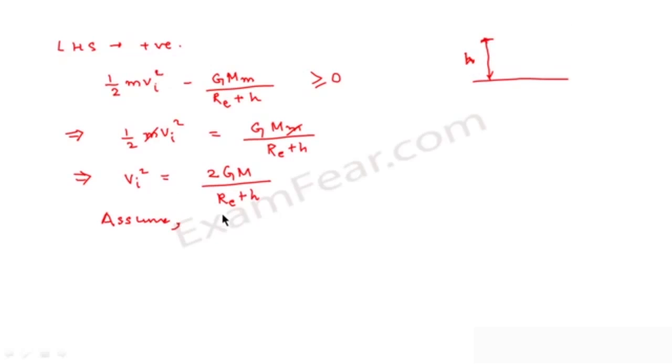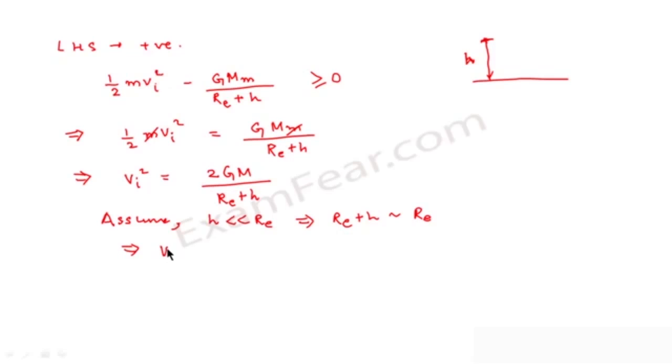In this case, let us assume that height h is very, very small when compared to the radius of the earth, because earth being very huge, this distance will not make much difference. So we can write Re plus h as Re, because h is a very small quantity. A very small quantity when added to a very huge quantity, the result will almost be the same. So Re plus h is approximately equal to Re.